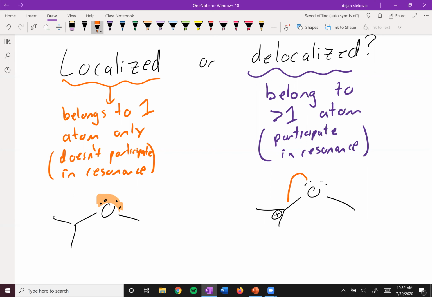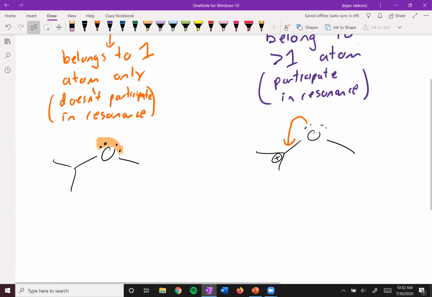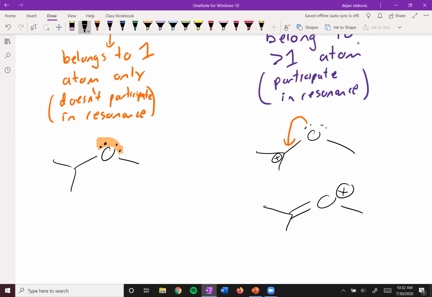And so we can move this lone pair down here, and then we actually get a nice filled octet. So it will actually be the major contributor, right? And so let me draw this in purple, color code it. Right, so we can see that one of these lone pairs is actually delocalized. It belongs to both the oxygen and the carbon.